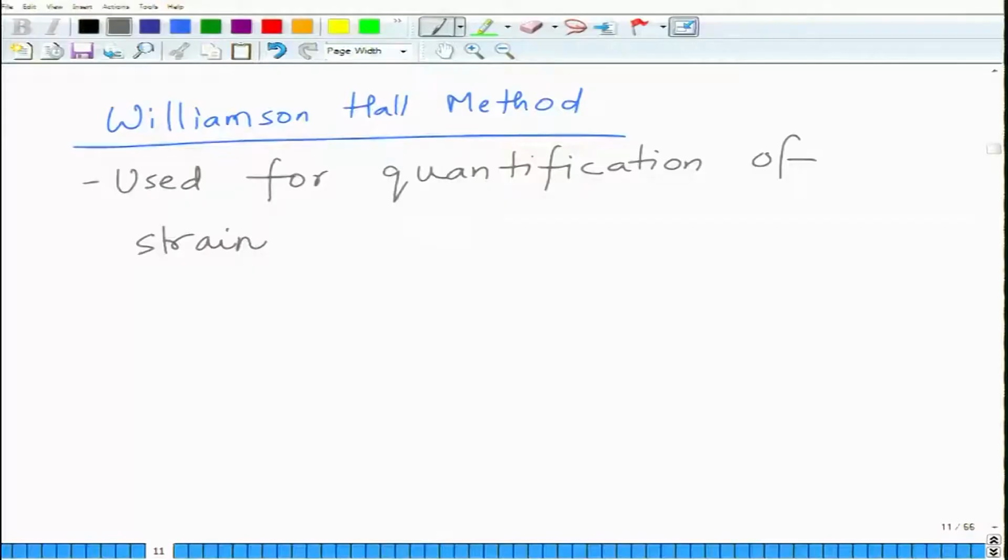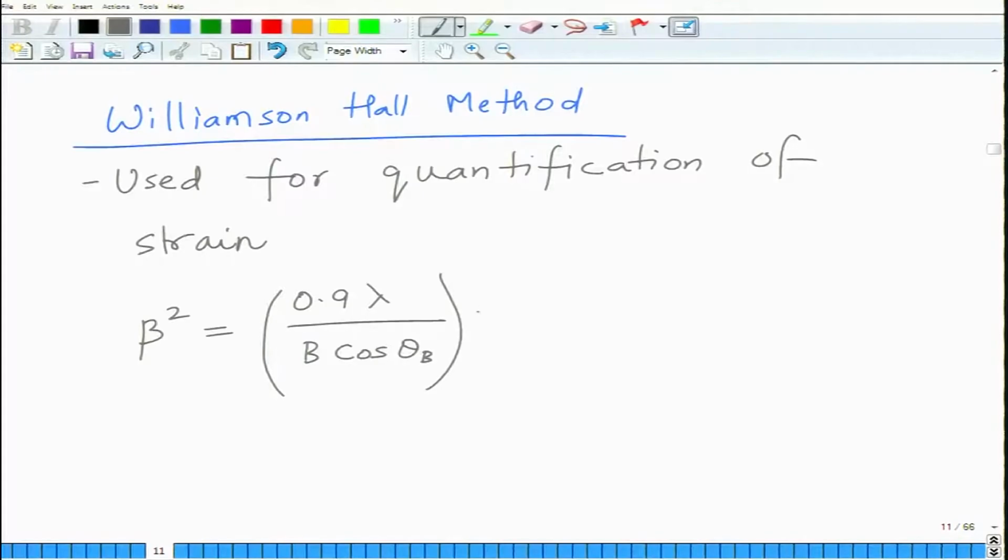So, it turns out that the overall broadening, beta square, is represented as (0.9 lambda divided by B cos theta B) plus (4 epsilon tan theta) square plus beta naught square. So, this is overall broadening.